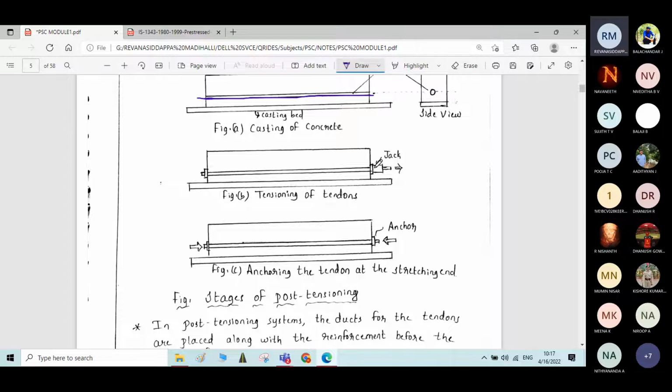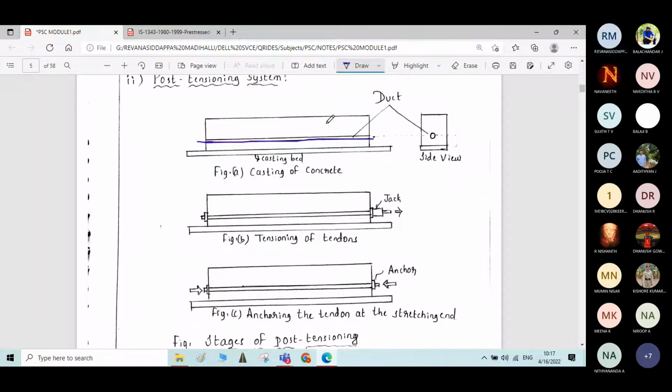In this way the pre-stresses will be transferred to the PSC member, okay. Are you understanding? Here what happens is the concrete will be casted by providing a duct inside the concrete element throughout its length.